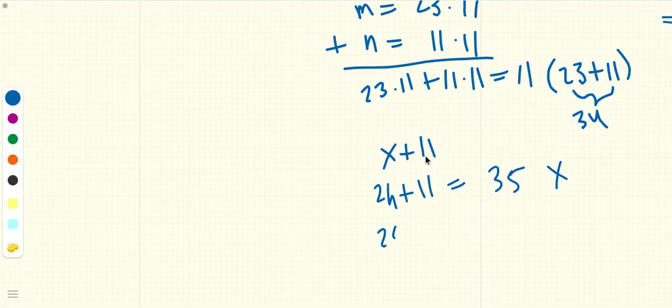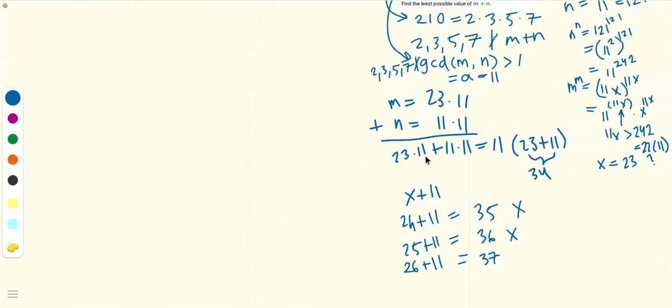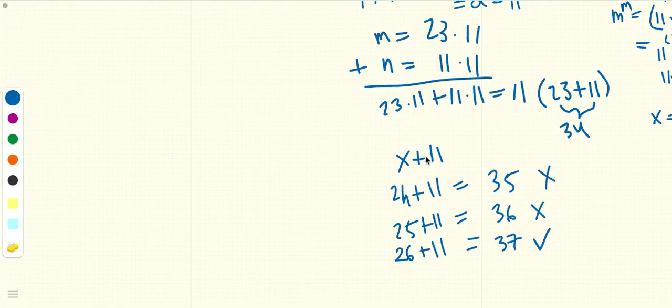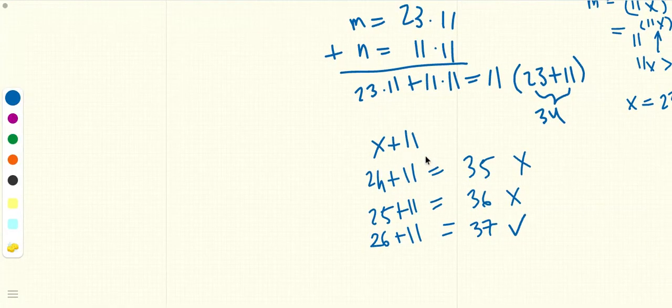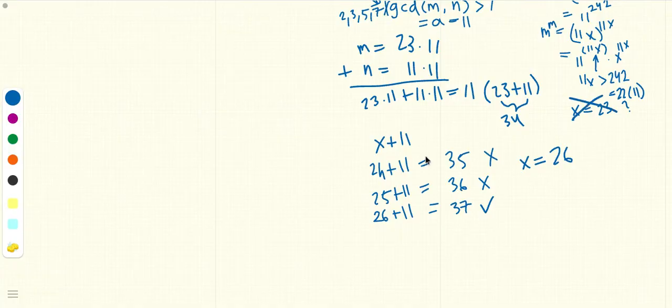When x is 25, we get 36, which does not work. When x is 26, we get 37, which is actually a prime and is not divisible by any of those numbers we said before. So that means that works. So then we'll conclude that x equals 26, since we want to minimize it, and this is the minimum number we get. So yes, the 23 turned out to be wrong.